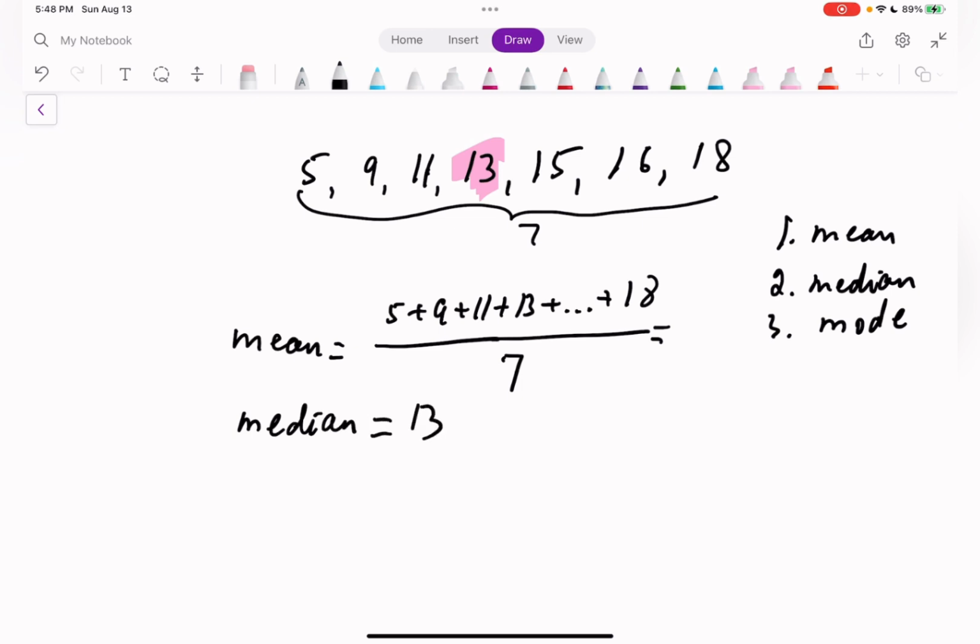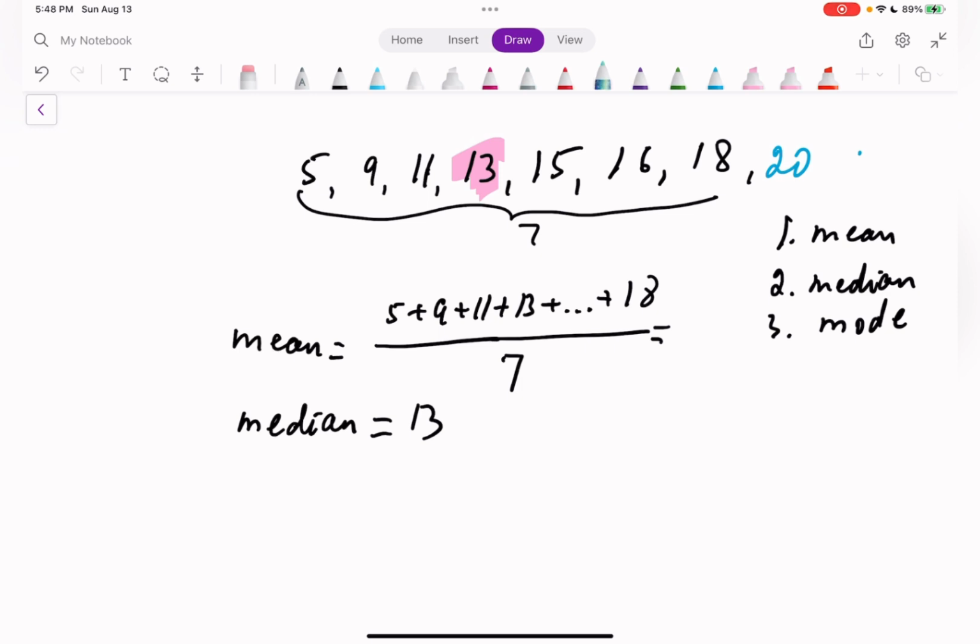Now, what if, instead of 7 elements, I have an even amount of elements. Let's say I add 20. Let me add it with a different color so we can see that this is just an addition. Okay, I added 20.